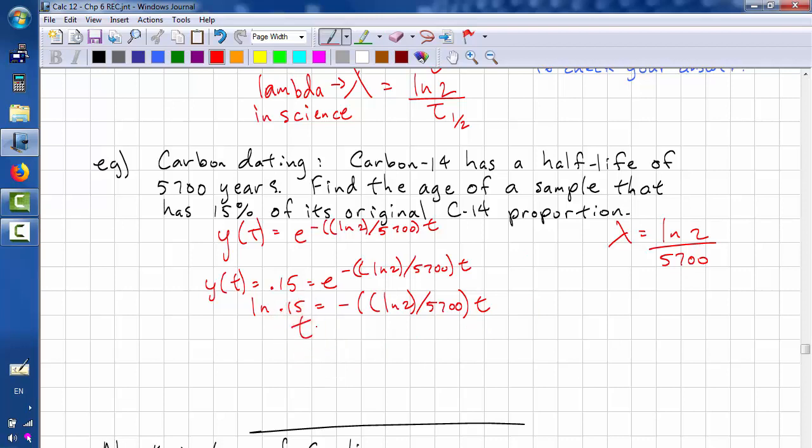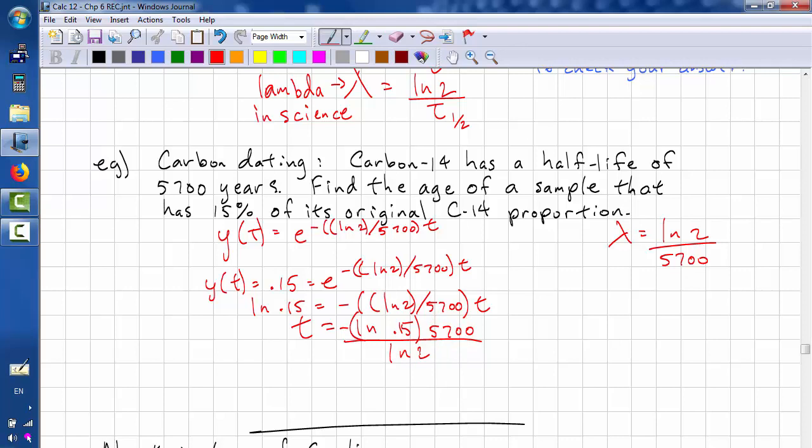So I'm just going to switch sides. t equals ln 0.15, and we're going to multiply by 5,700, and we have a minus sign there, and we're going to divide it by ln 2. Okay, because this is ln 2 over 5,700, we multiply by 5,700 over ln 2.